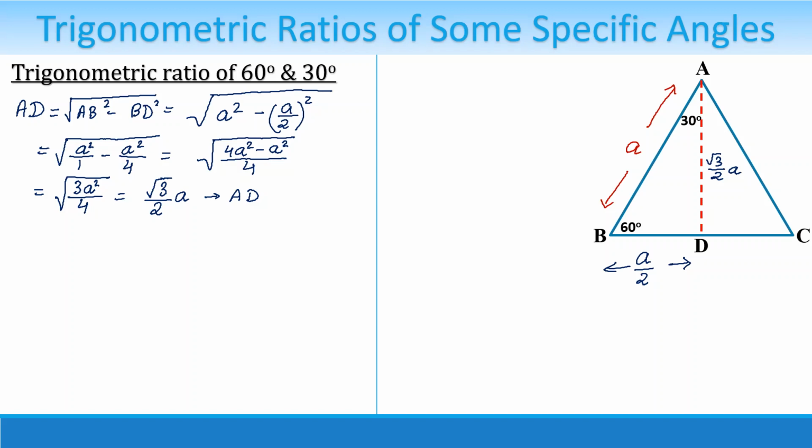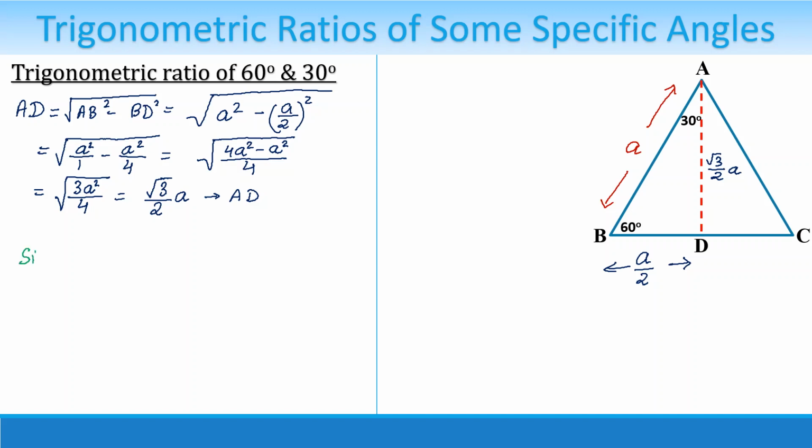As we know, once we get the value of the length of all three sides of a right angle triangle, we can find out the value of any trigonometric ratio for any of the acute angles which are present in a right angle triangle. So let us begin with 60° first.